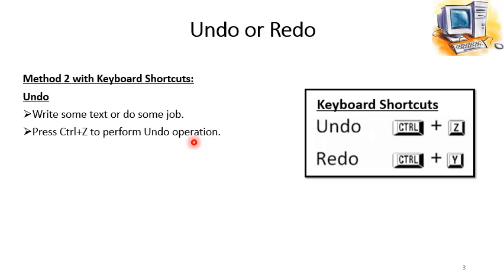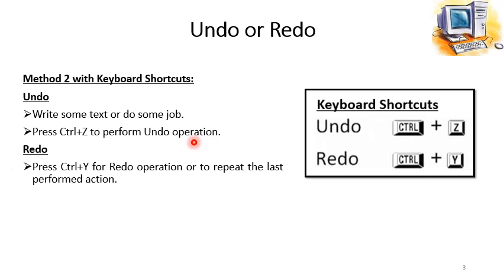Hold the Control button and then press Z, and we will observe that MS Word will perform the undo operation, which will undo the last performed action. And in the same way, for redo operation, press Ctrl plus Y, meaning hold the Control key and then press Y for redo operation or to repeat the last performed action.